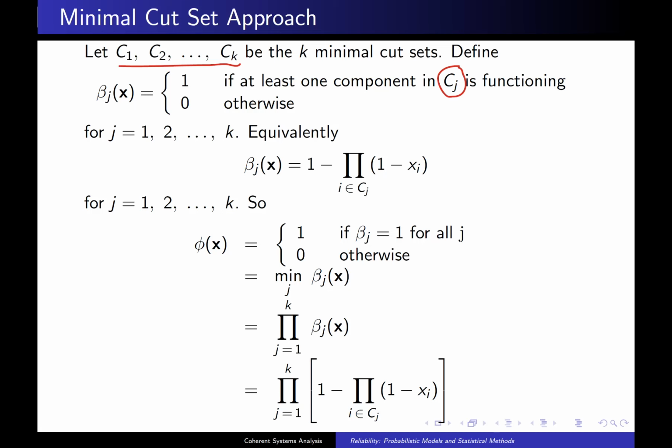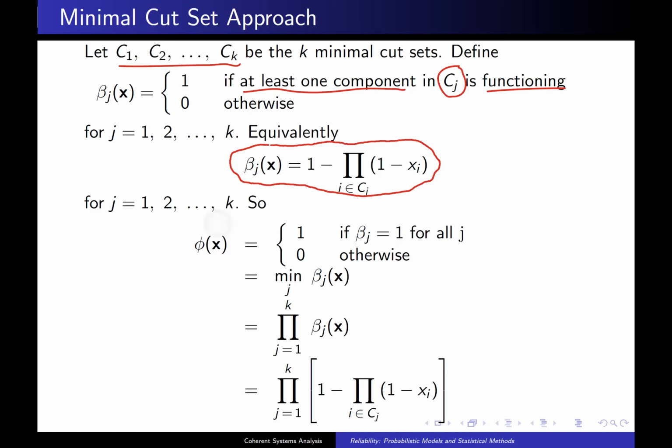Now when you see the words at least one component functioning, that should make you think of a parallel system. And because of that, beta sub j can be written equivalently in this fashion, and what that allows you to do is have a much more compact form for beta sub j.